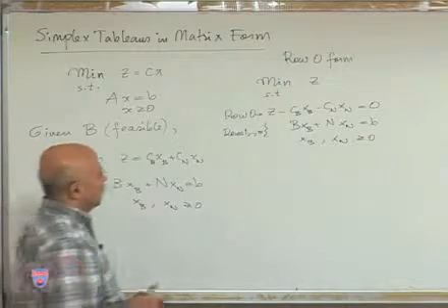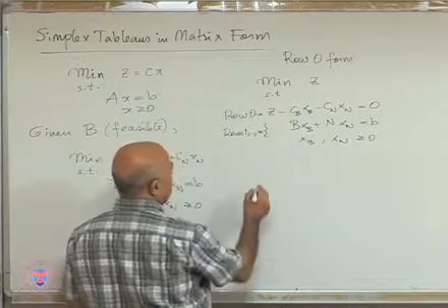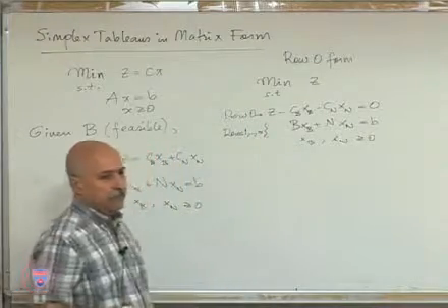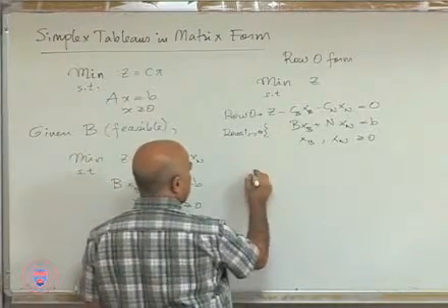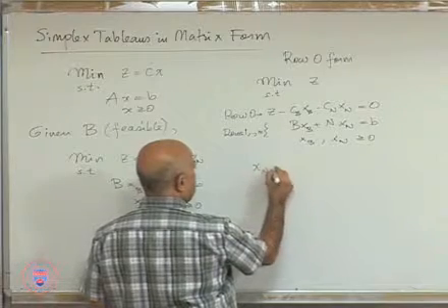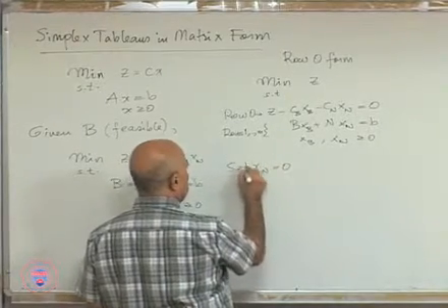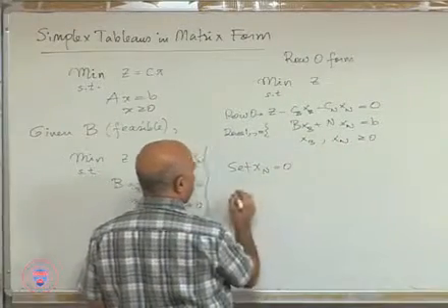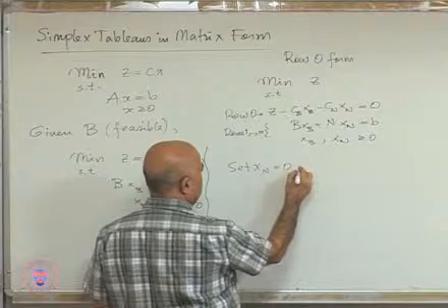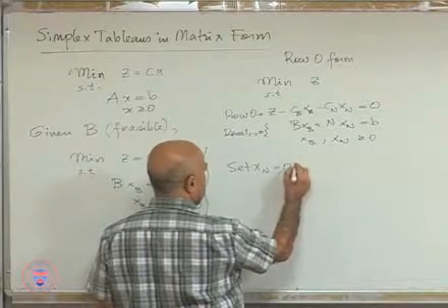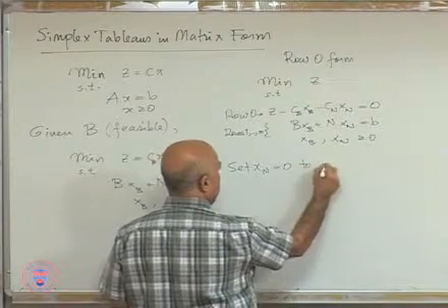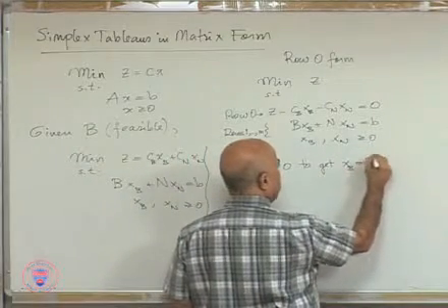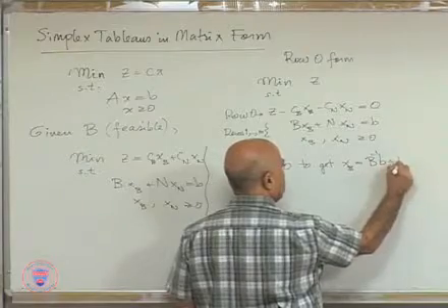All right. Now, what we did was we pre-multiplied the second part by B inverse. So first you set xN equal to 0. Then pre-multiply the whole, to get the new current solution, which gives you xB equals B inverse b, which we called b bar.